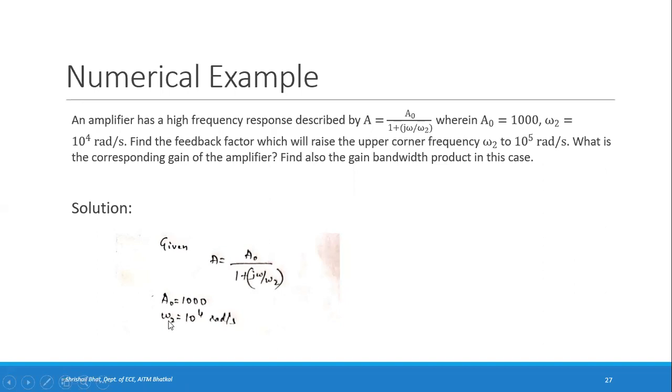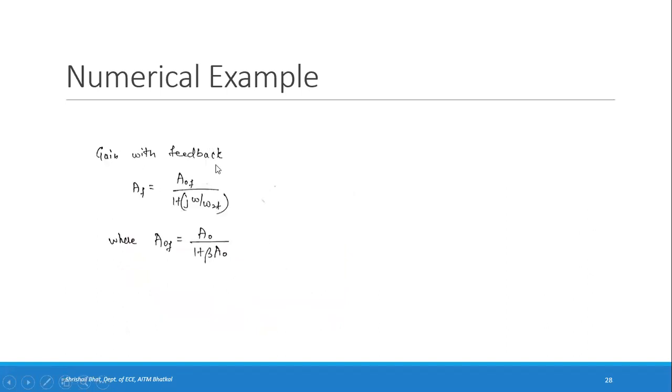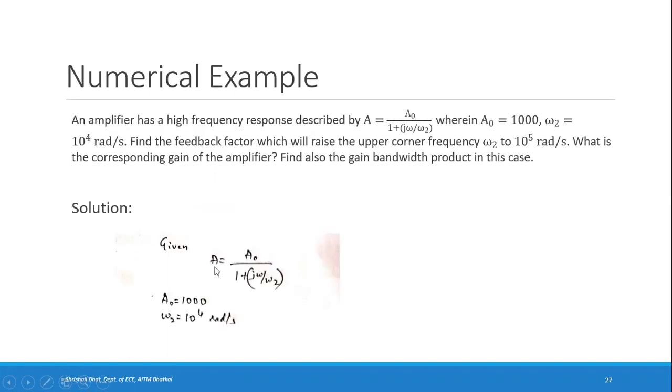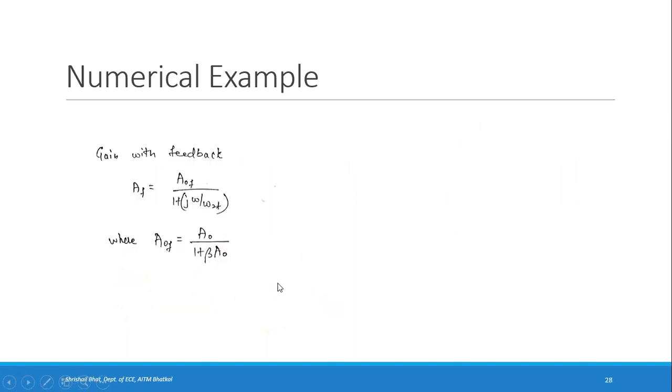And omega 2, the upper corner frequency without feedback, is 10 raised to 4 radians per second. We know that the gain with feedback AF, following the same equation, is equal to A naught F divided by 1 plus j omega by omega 2F.